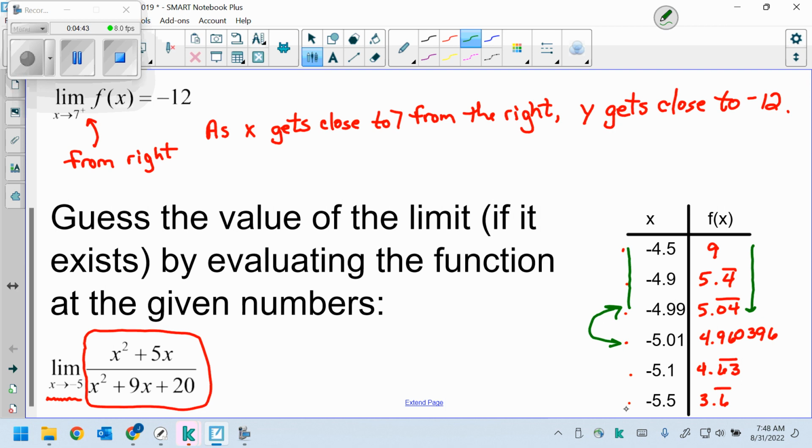And even if I'm approaching from the other way, the closer these values get to negative 5, the closer these values get to 5. So I'd estimate that the limit, my guess, is 5. So that's a way we can use a table and creep in from the left, creep in from the right.